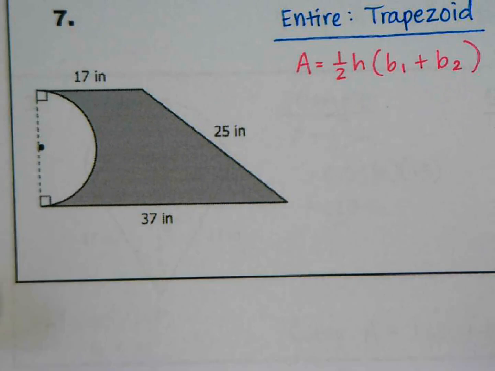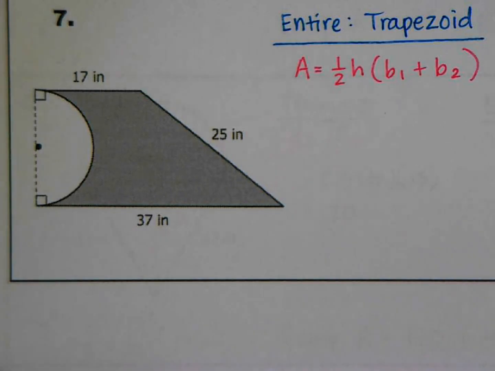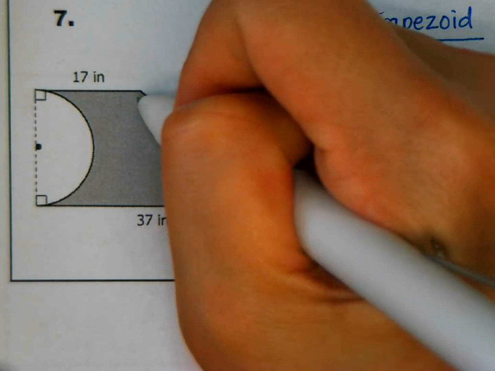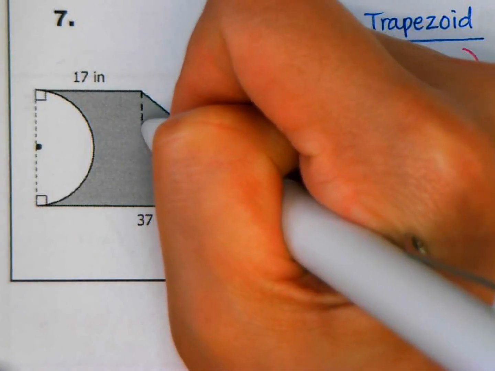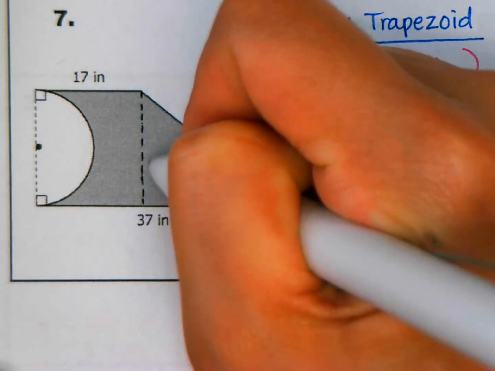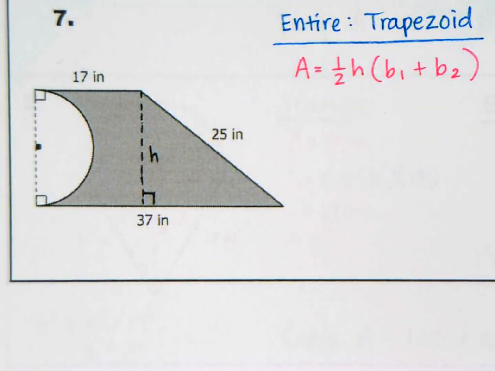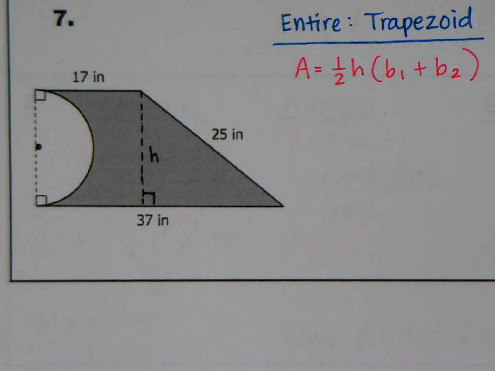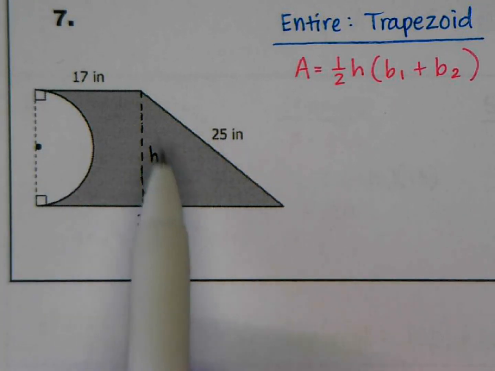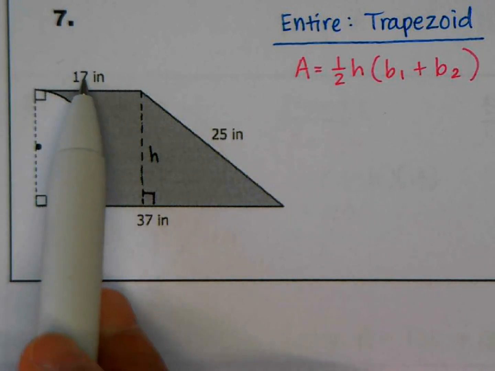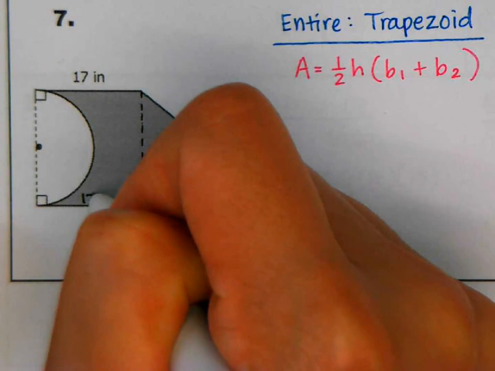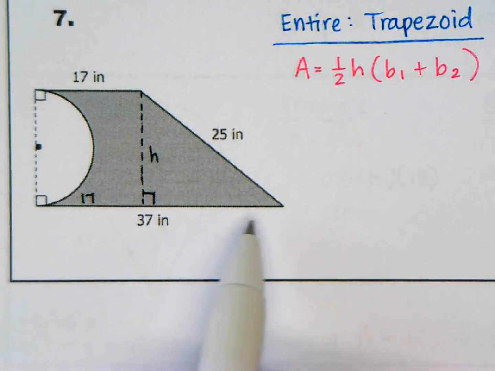And let me grab my black pen because I have to write inside this figure. What I'm going to do is draw the height I need in here. If this is 17, this is 17, which means out of this entire 37, this part is 17, which makes this part 20.